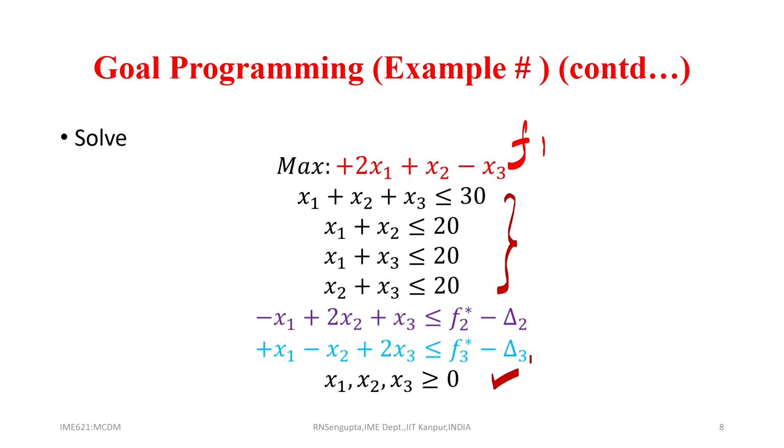The two other objective functions have been brought into the constraints. One is this one, which I am marking in violet, related to the second objective function, and another where I am putting the blue tick mark, which is the third objective function. They are less than or equal, because we are maximizing. It cannot be more than a maximum value, it has to be less, and we will tackle the problem accordingly.